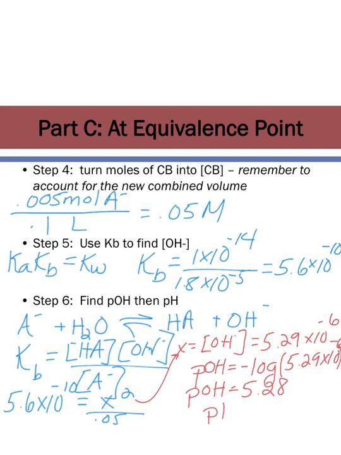So then we can finally get our pH. We do 14 minus that answer, and that is 8.72. And hooray, that seems reasonable because we knew our pH had to be a little bit above 7, but it shouldn't be anything crazy high.